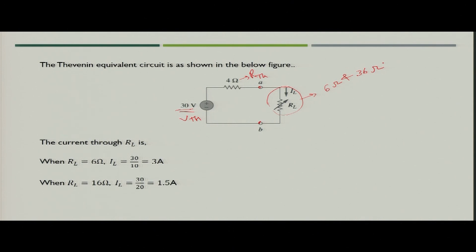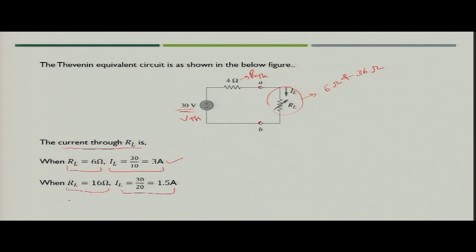So, what you will do, you will just put the value of RL. When RL is equal to 6 ohm, you will simply apply Kirchhoff voltage law, and you will get the value of current IL as 3 ampere. Similarly, if RL is 16 ohm, you will get current IL as 1.5 ampere.